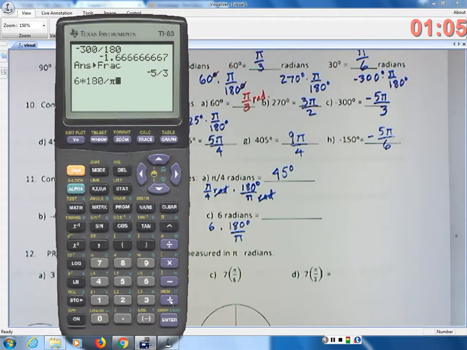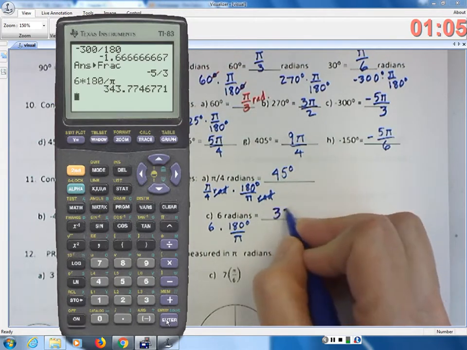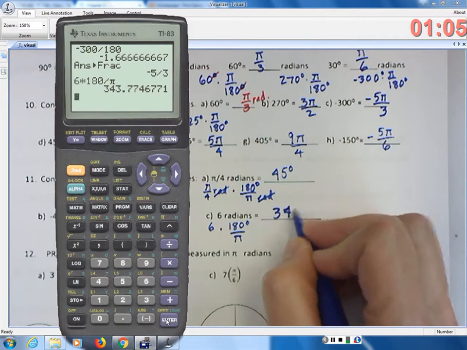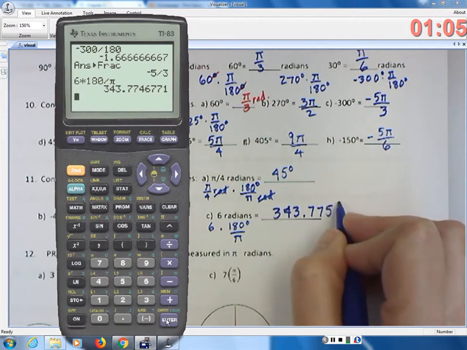Second caret is pi on your calculator, and keeping 3 decimal places, it's approximately 343.775 degrees.